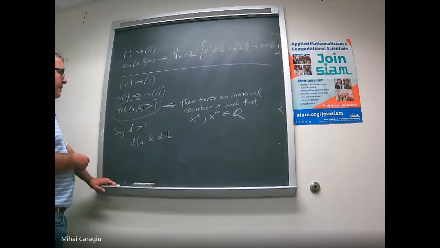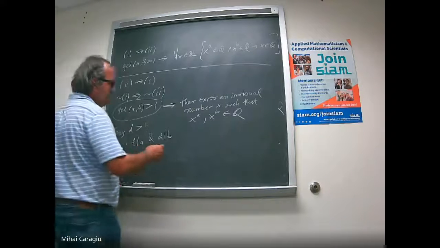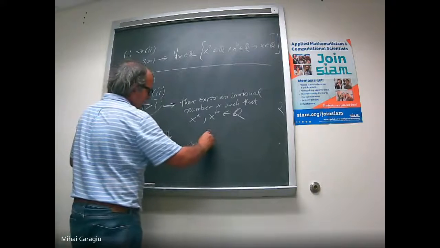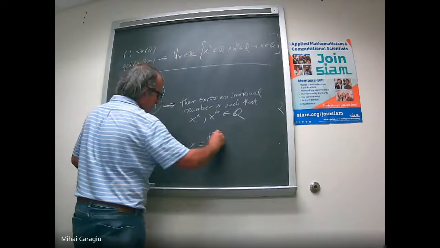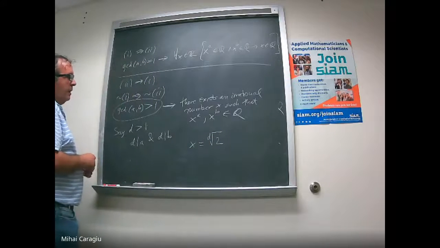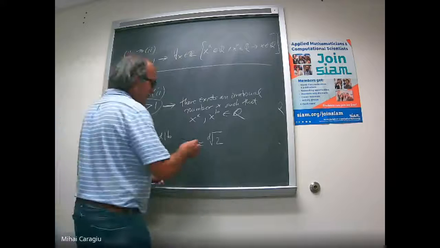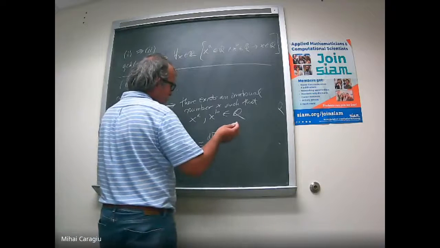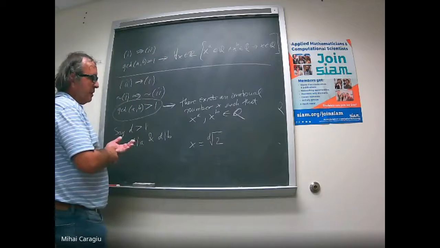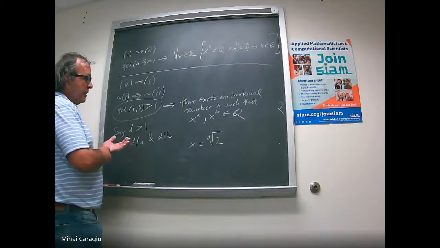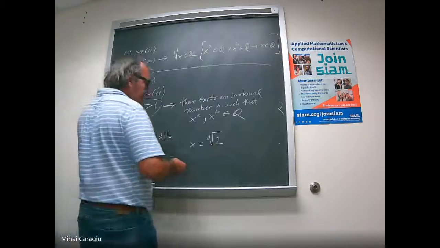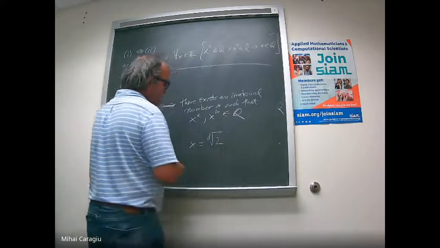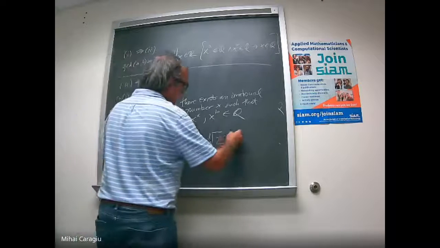Then, for this x, we can take the example root of order d of 2. And we already did this in class with other examples: we proved the square root of 2 is irrational, and then the cube root of 2 is irrational. In the same way, we can prove that any such root of 2 is irrational.